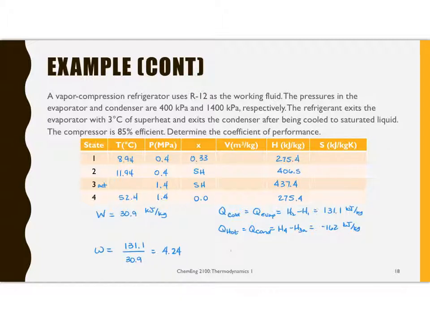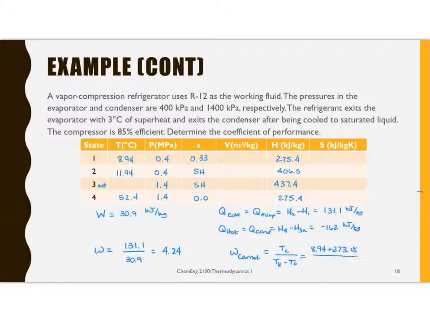So let's compare this to the Carnot coefficient of performance for this temperature range. And so that is Tc over Th minus Tc, with Tc equal to 8.94 plus 273.15.